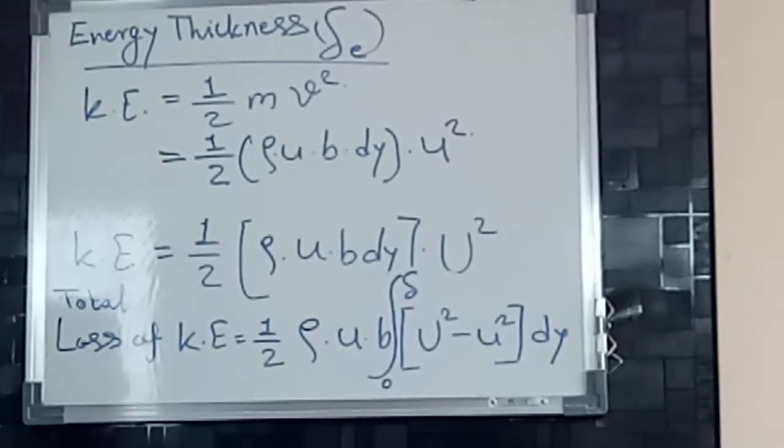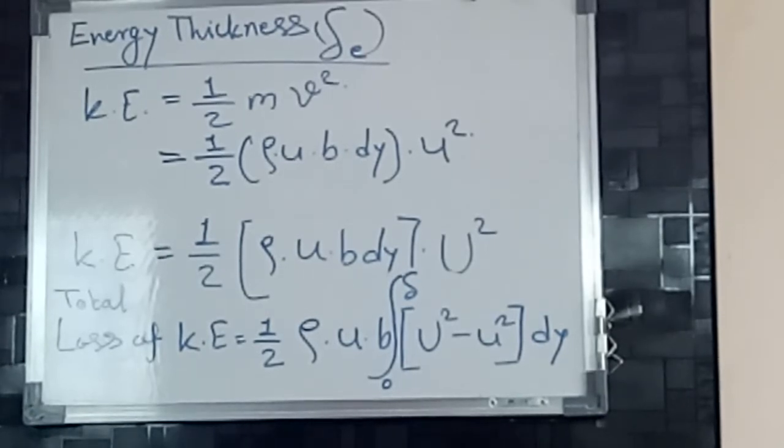Okay. Now the loss of kinetic energy through delta suffix E, the energy thickness, of the fluid flowing with velocity U or free stream velocity.